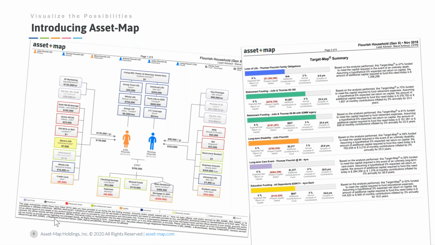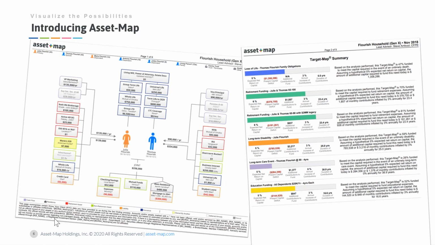But what we have found is that our clients really appreciate it when we simplify their lives. We take the liberty of providing them a single graphic of their entire financial life and all the people that matter most to them on one page.